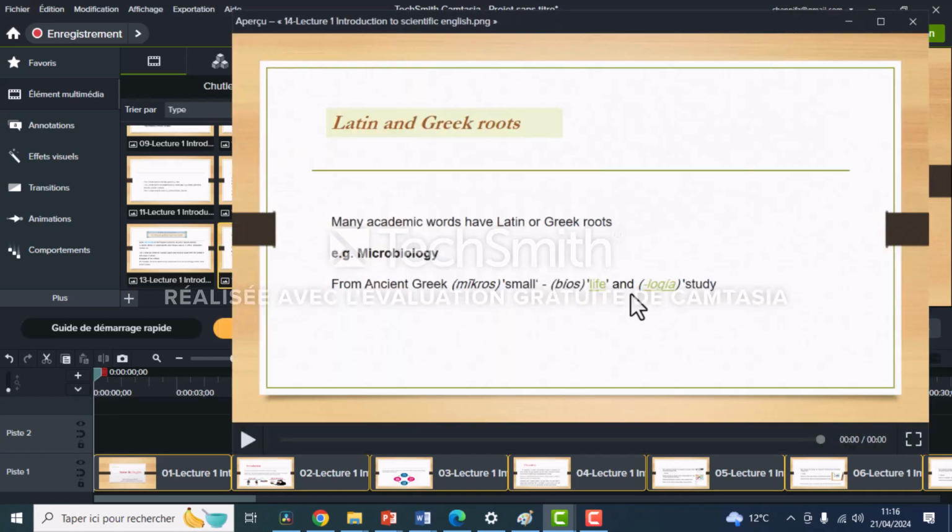So, another aspect of academic English is that many academic words have a Latin or Greek origin. For example, microbiology, which is your field of study, is from ancient Greek: micros is small, bio is life, and logy, of course, is related to study.